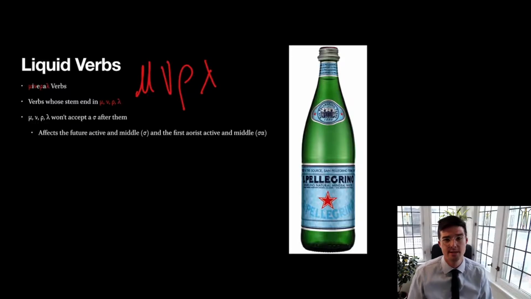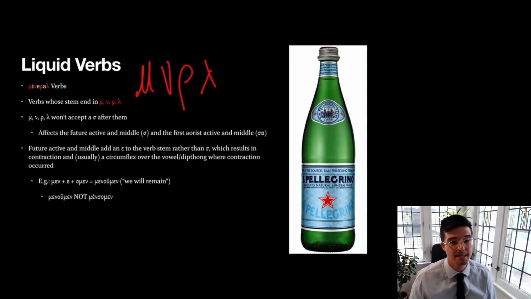At all. And so this is going to affect the two tenses that use a sigma for their morpheme, namely the future, which uses the sigma for the active and the middle, and then the first aorist active and middle, which uses the sigma for the sigma alpha morpheme.